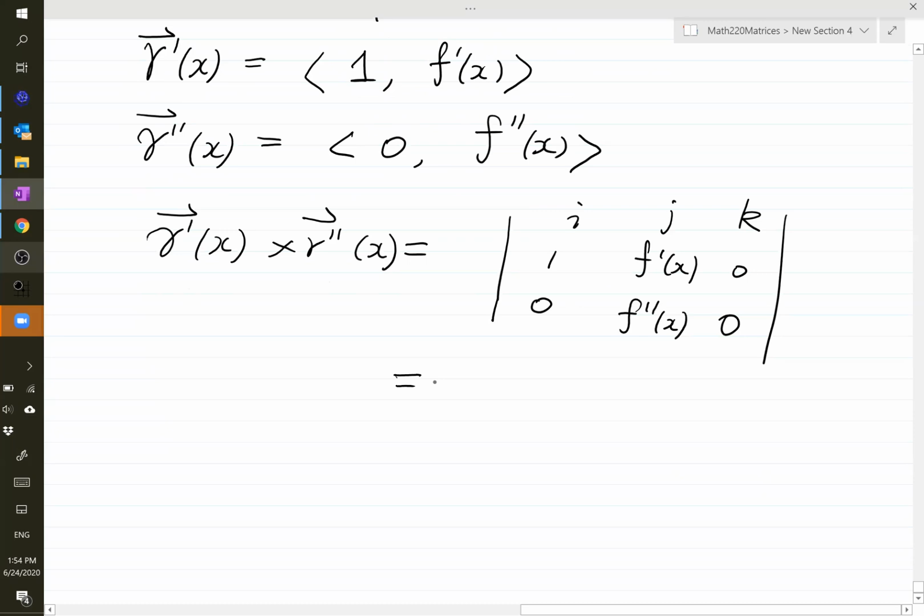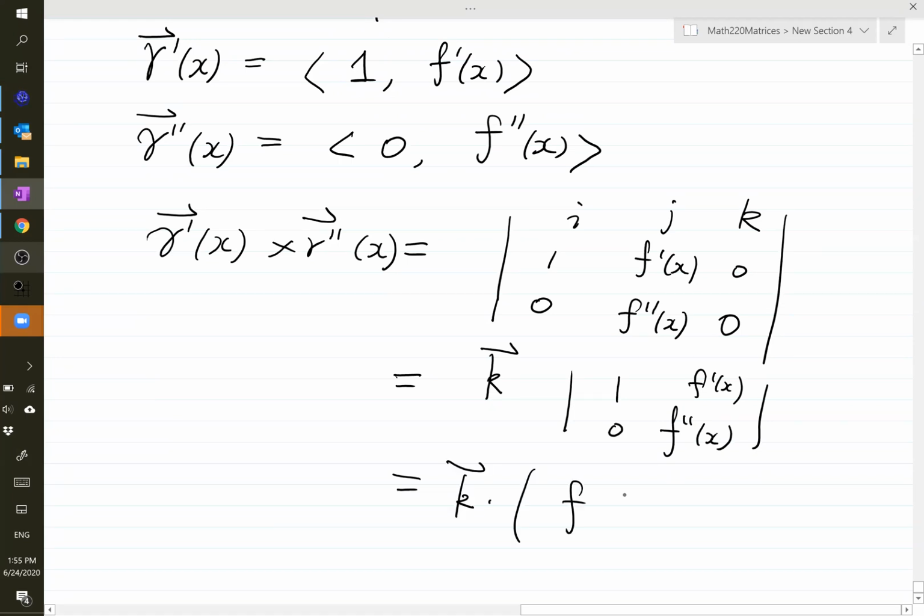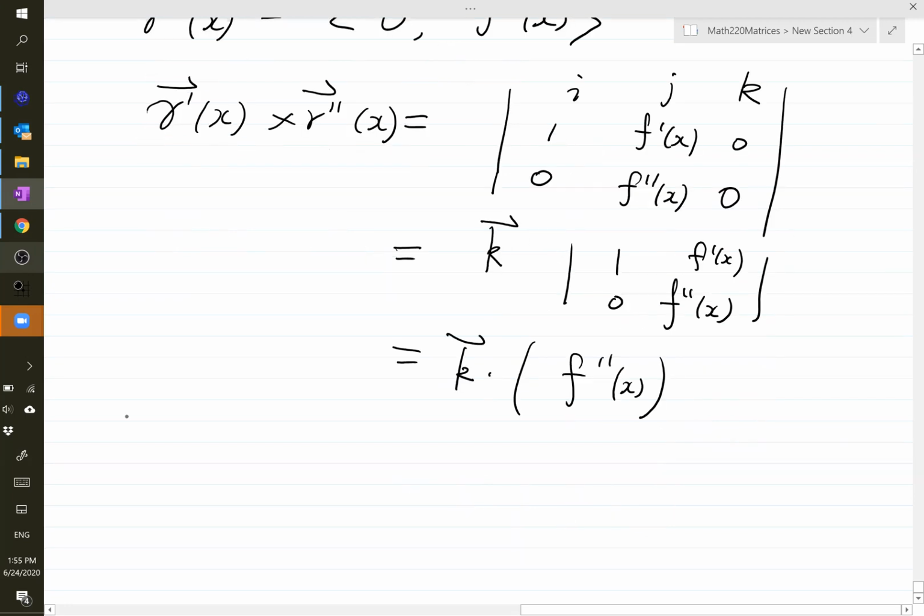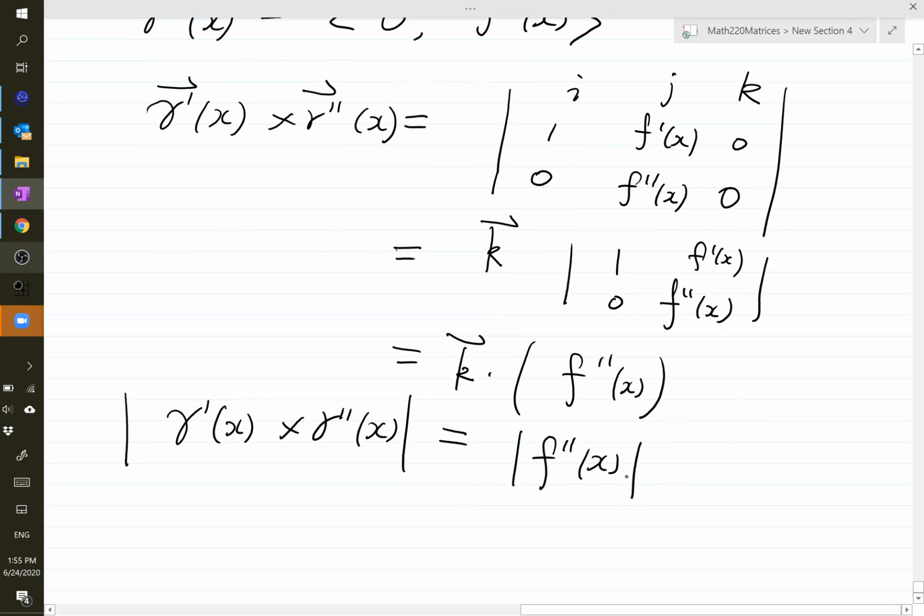If you expand, the i and j components are 0, so the only non-zero one is k, times f''. So the norm is exactly the absolute value of the second derivative of f.